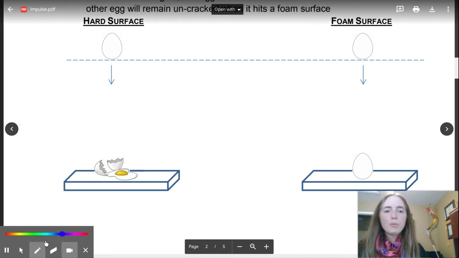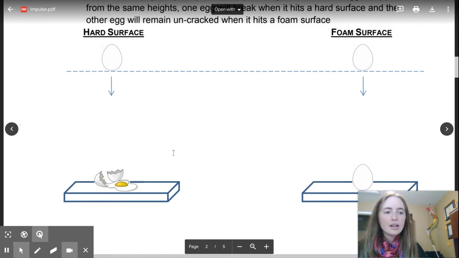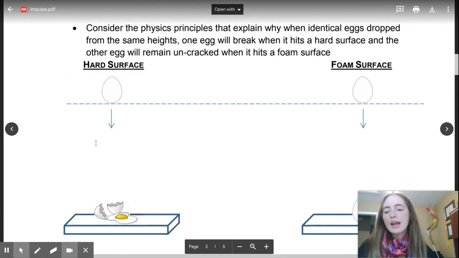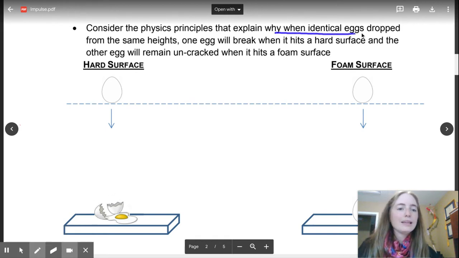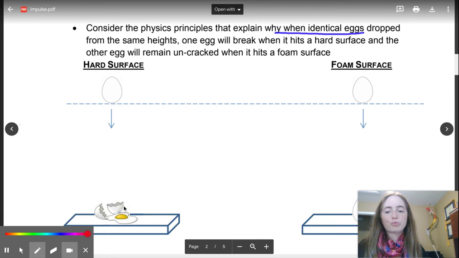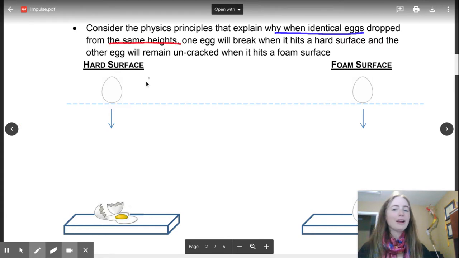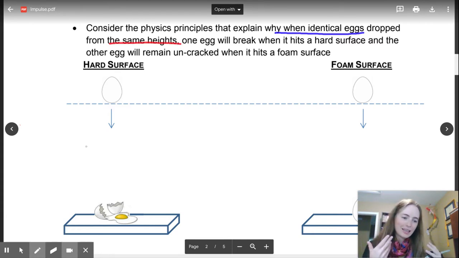What we've got is a couple of eggs. You see these eggs? They're being dropped from the same height, and we're going to assume these eggs are identical. When identical eggs are dropped from the same height, they have the same potential energy, and that means right before they hit the ground, they're going to have the exact same velocity.